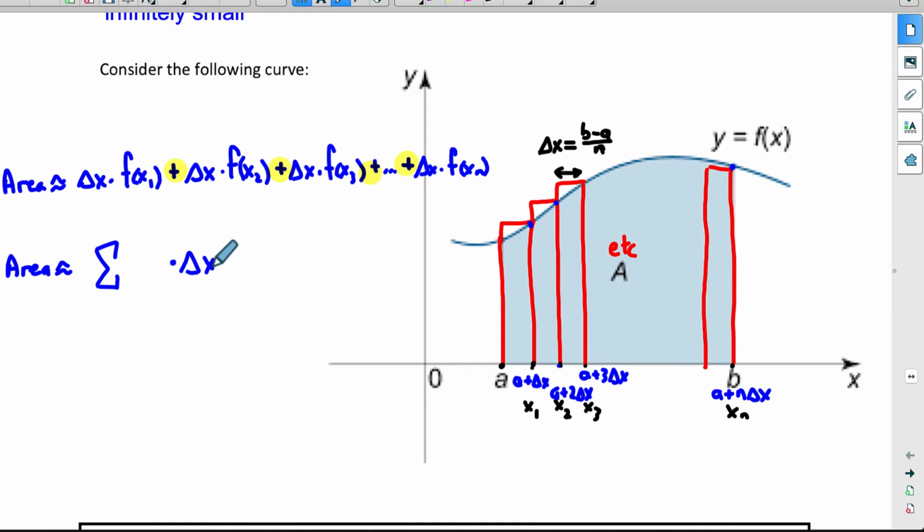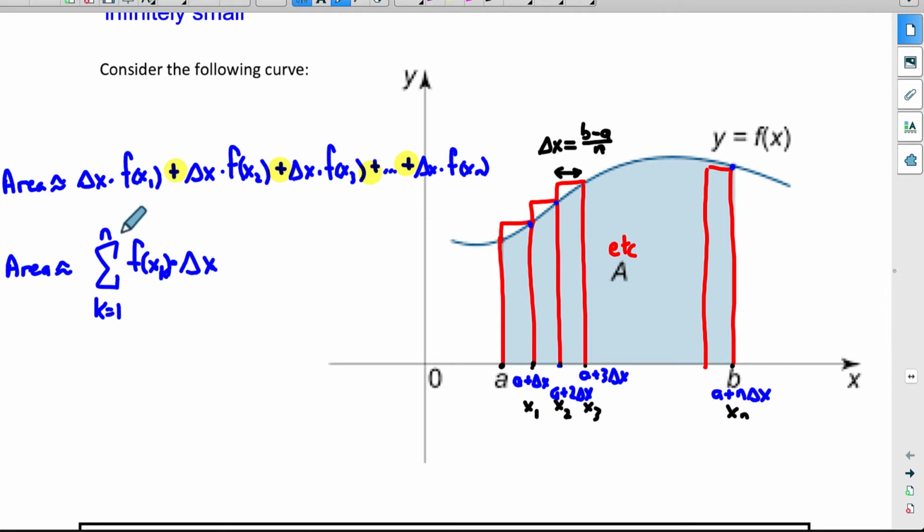And you've also got, in each case, f of something, f of something, f of something. So you've got an f of x of, well now how are we going to do this? It starts off at 1, then it goes 2, then it goes 3, then it goes, hey, wait a minute. It starts off at 1, and then it goes all the way up to n. And if we put a little k right there, we've got it. We've expressed the top formula with sigma notation.